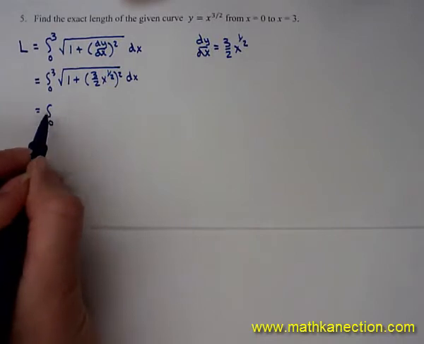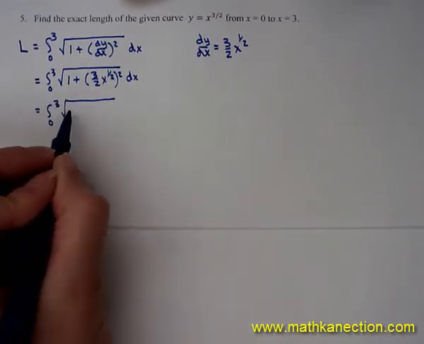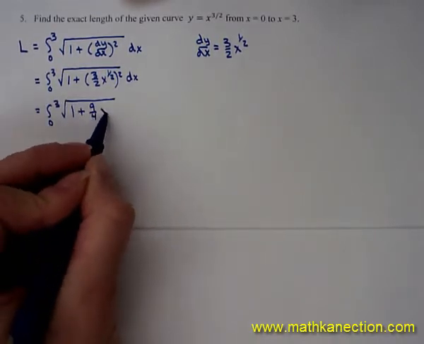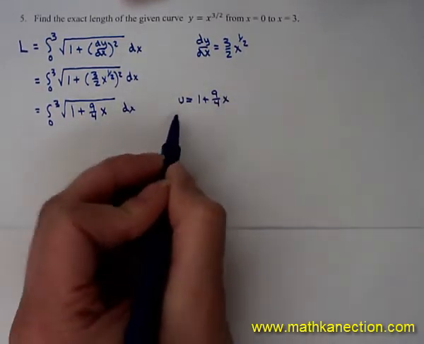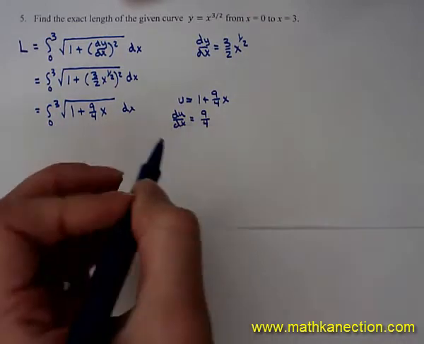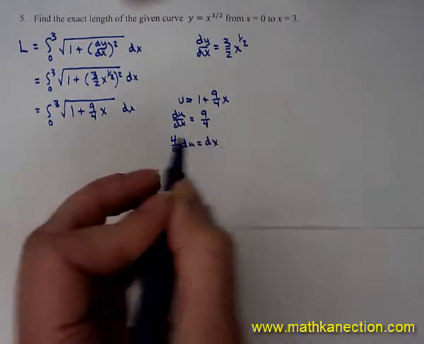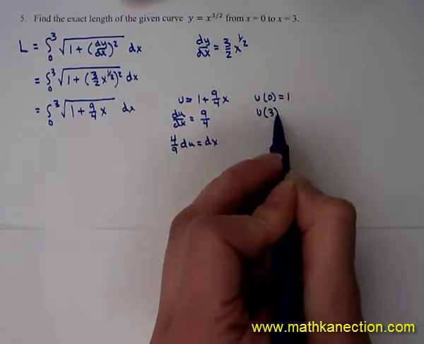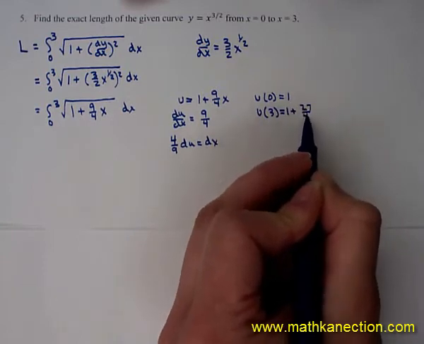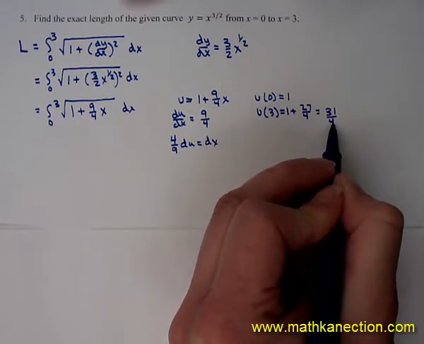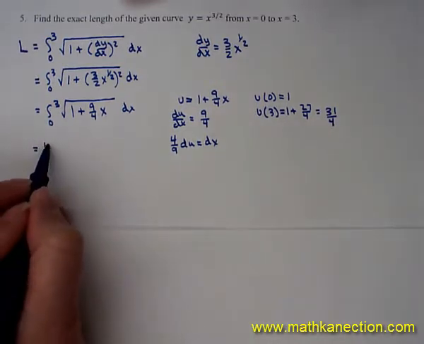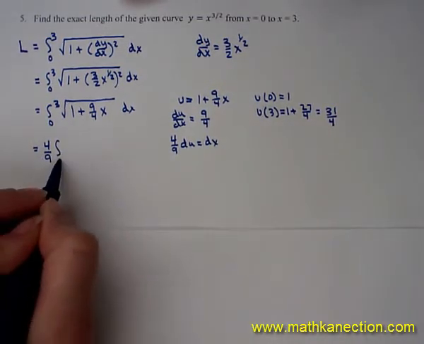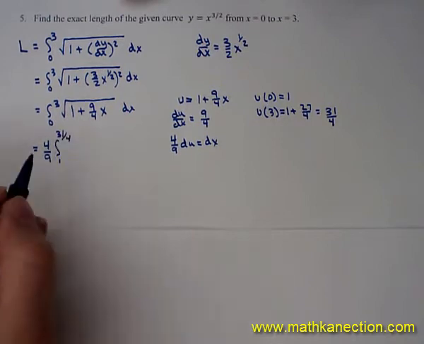Simplifying the problem to get the integral from 0 to 3, square root of 1 plus 9/4 x. And by using u substitution, we get 4/9 du is equal to dx. And the values of u are now 1 and 31/4. So the integral is equal to 4/9 from 1 to 31/4 of u to the 1/2 du.